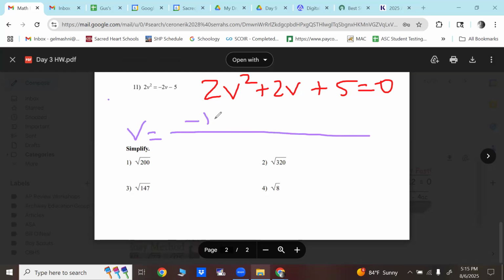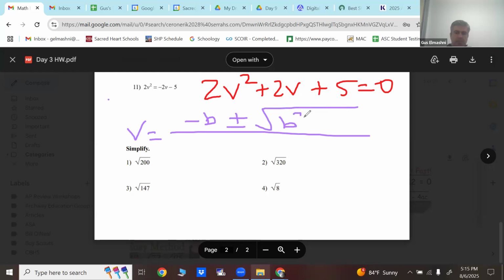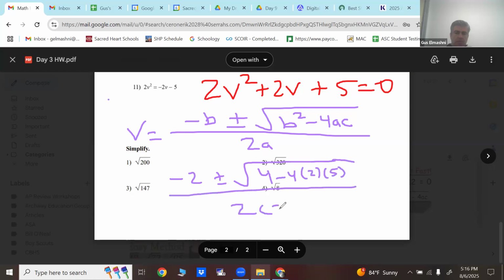So it's negative that b, right? But then it gets kind of weird because inside the radical is negative.